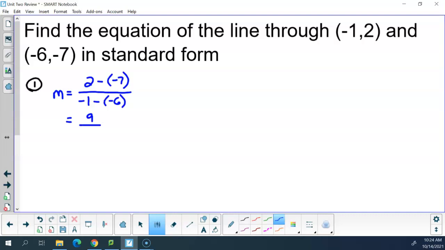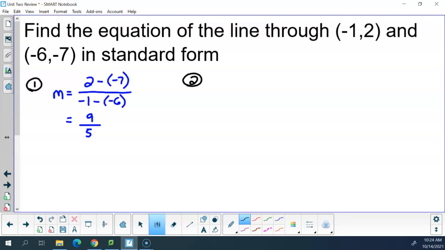Negative 1 minus negative 6 is 5. We have 9/5.